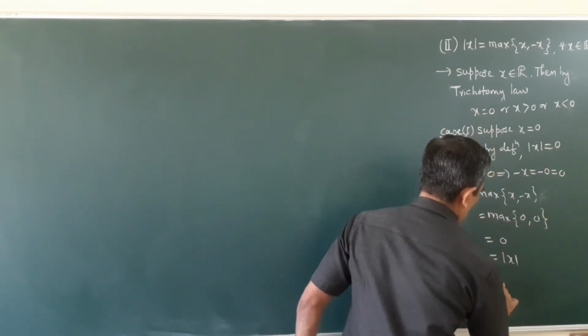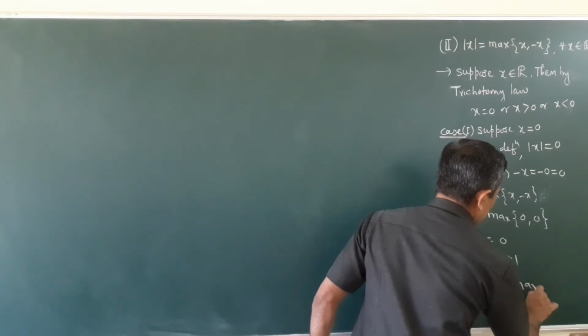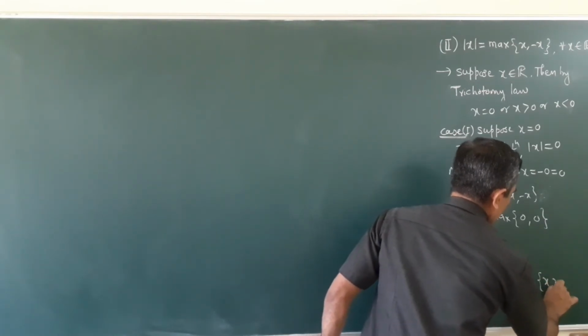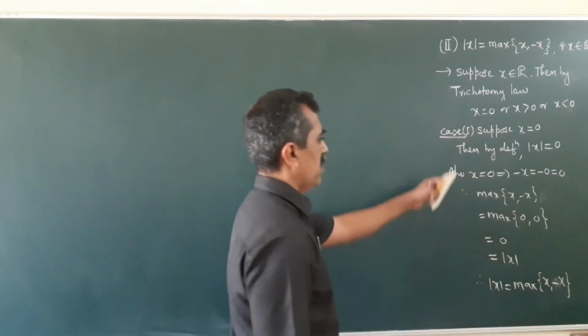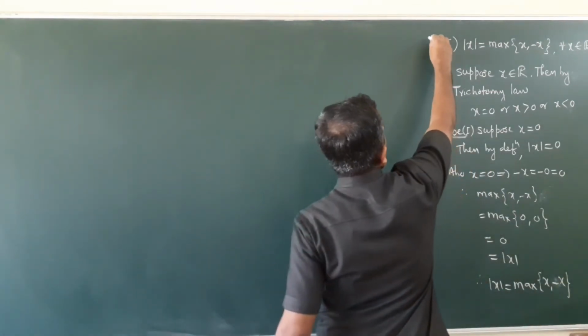Therefore, mod x is equal to the maximum of x comma minus of x when x is 0. Very simple, straightforward.